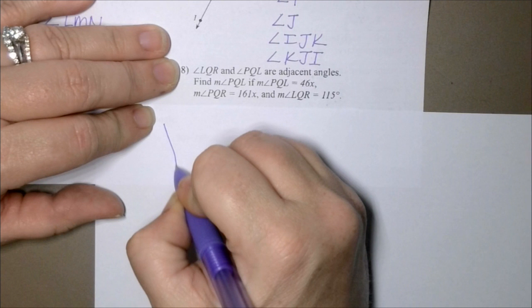Okay. Divide by 115. And x equals 1. And what are they asking me for? Not x, but they're asking me for PQL, which is this one. So 46 times 1 is what? 46 degrees. Questions on that one?